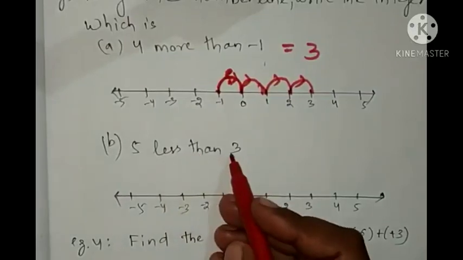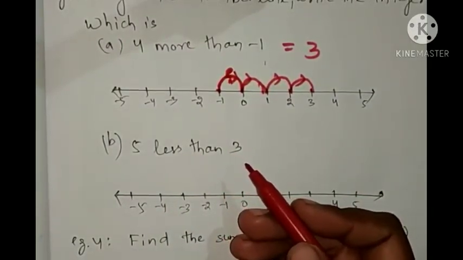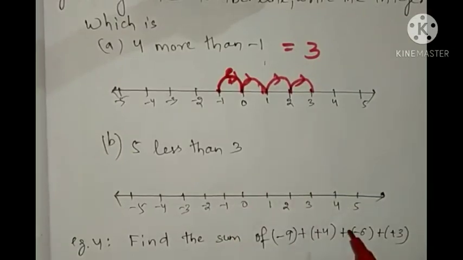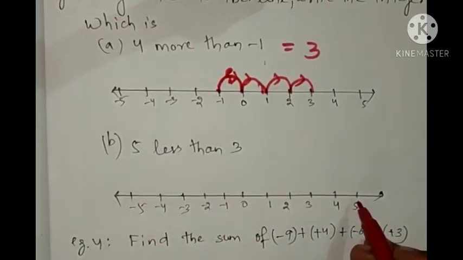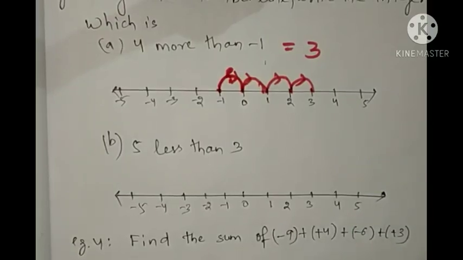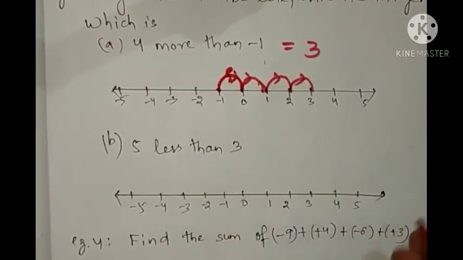5 less than 3. So here it is given 5 less than 3. 5 less than 3 means first you take 3.